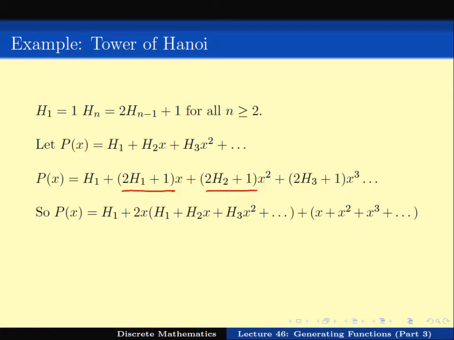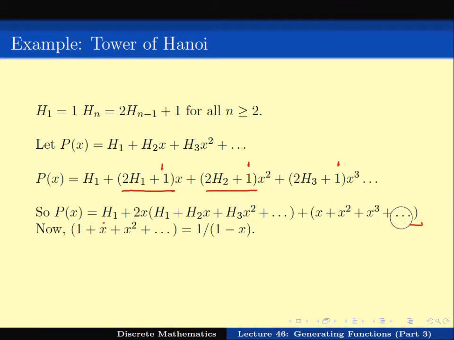So in other words, I can club them together to get 2x times h1 plus h2 x plus h3 x squared and so on, plus the remaining terms, which are x plus x squared plus x cubed and so on. Now of course, like last time, this one is nothing but p of x.